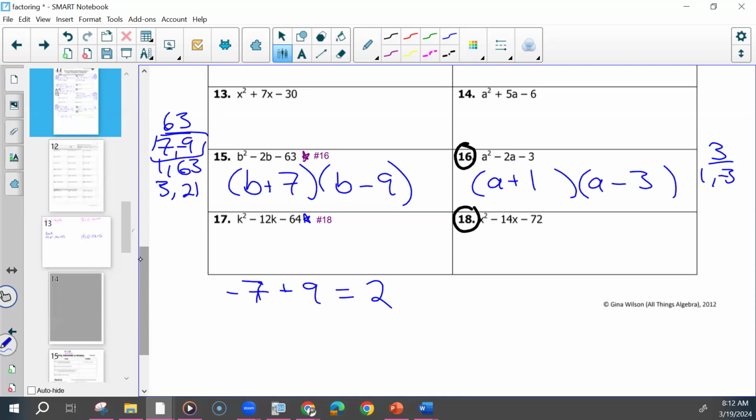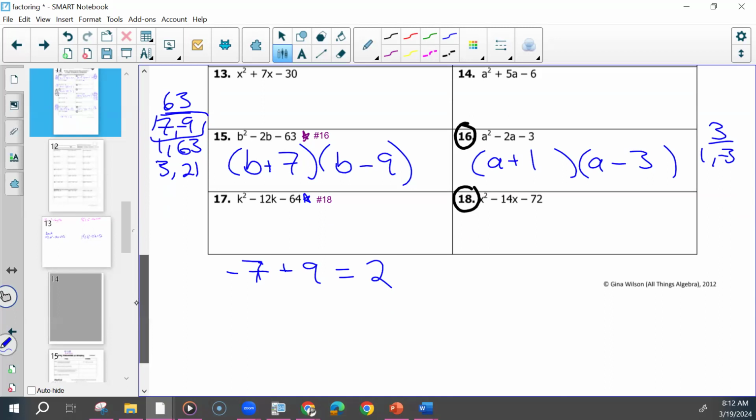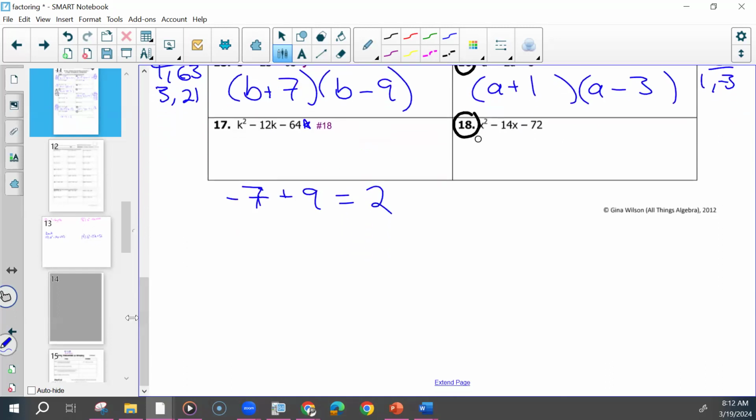Do we want to see 17 or 18 before we do a couple on the back? Sure. So for 18, we're looking for factors of 72. 9 and 8, 1 and 72.